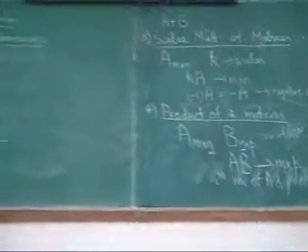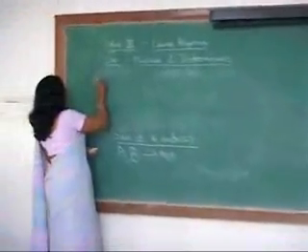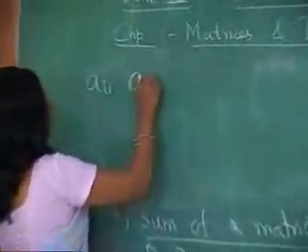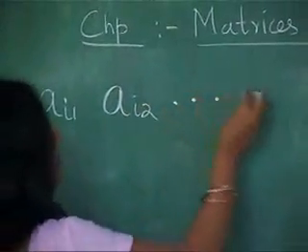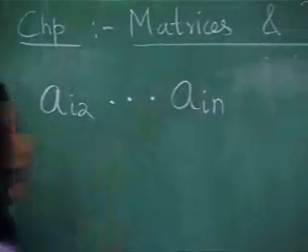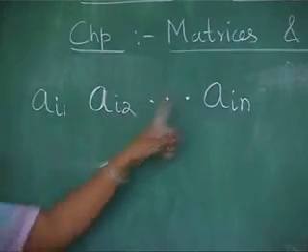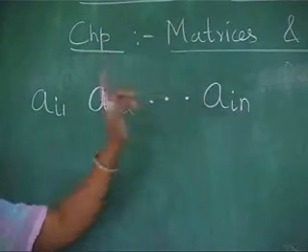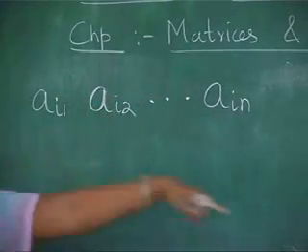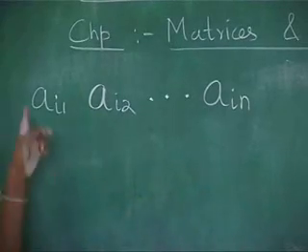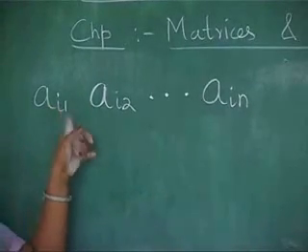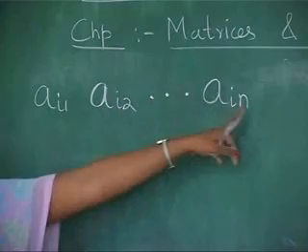The ith row of A is going to look like Ai1, Ai2, Ain. Remember, as I mentioned earlier, the first suffix stands for the row number. So, if I want the ith row of capital A, the elements will be Ai1, Ai2, Ain.